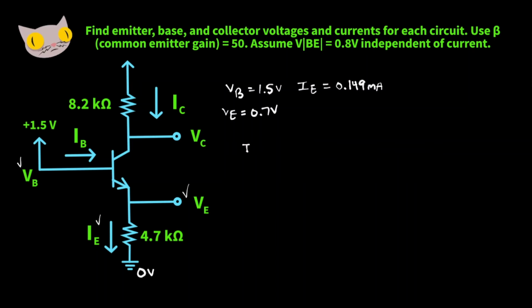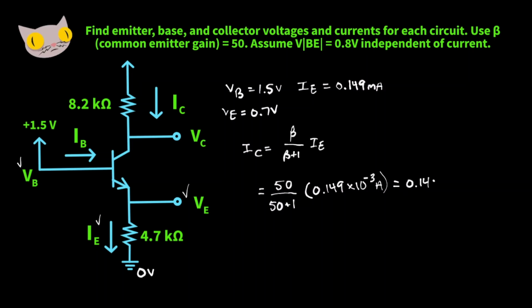Next, for the collector current, we're going to need beta over beta plus 1 times the emitter current. So that's going to give us 50 over 50 plus 1 times 0.149 times 10 to the negative 3 amps, which is going to be 0.146 milliamps.